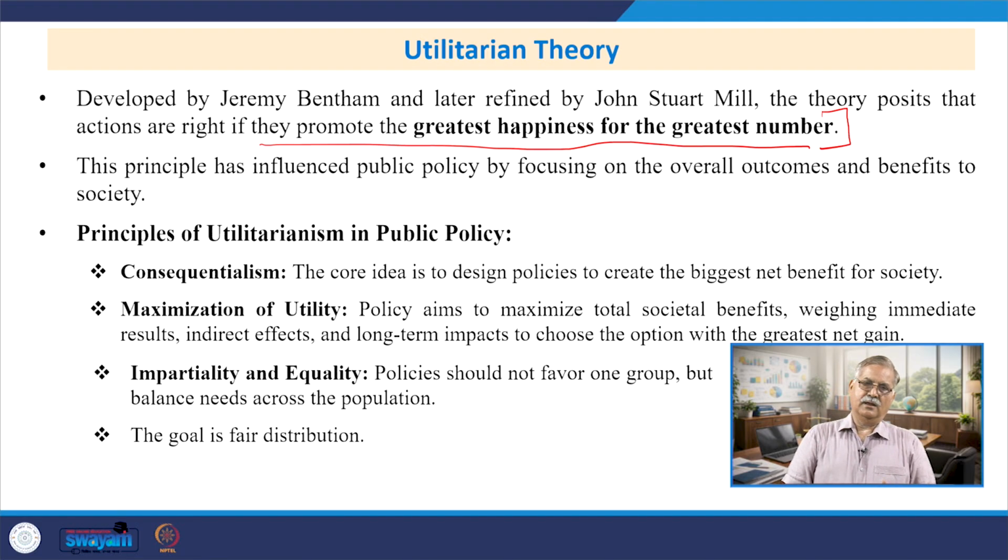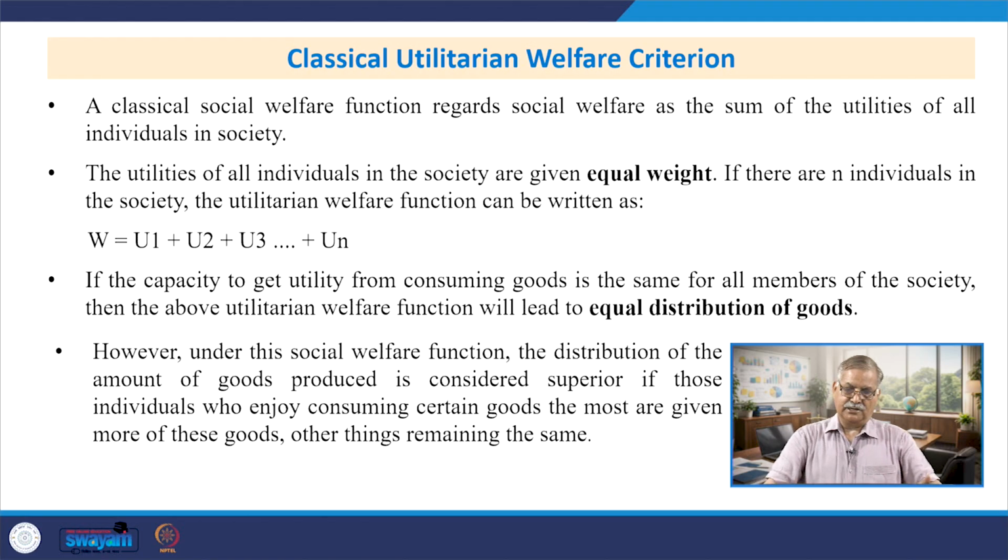Some may be immediate gainers due to the policy, some may be losers, and that creates conflict among the different stakeholders. So addressing the conflict among the different stakeholders is also an important aspect of public policy. And therefore the main goal of public policy is to make a fair distribution of benefit arising from the implementation of public policy. Classical utilitarian welfare criteria can be discussed.